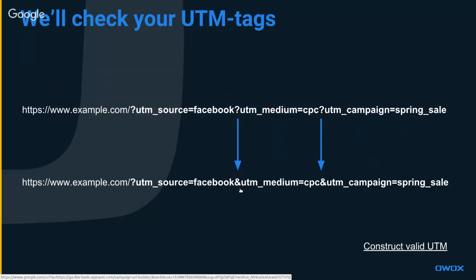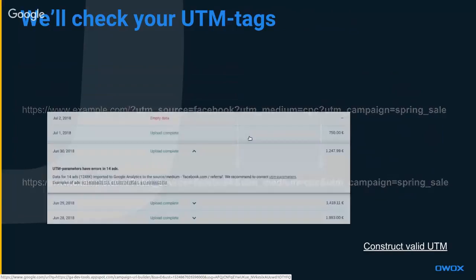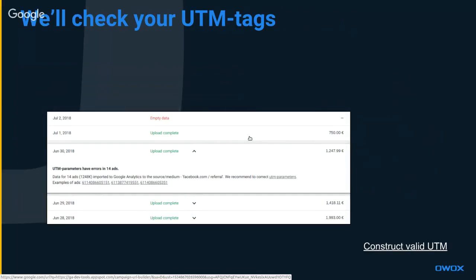And it's an error. You will not get correct data in Google Analytics, and your ROI analysis will be corrupted further on. So you'll see little notifications while your pipeline is importing data, saying that some of your data was imported to Google Analytics, but to a different source medium because there were some errors in UTM parameters.